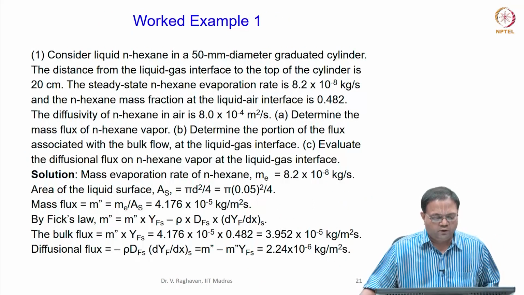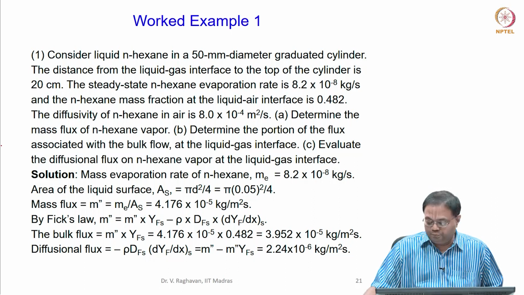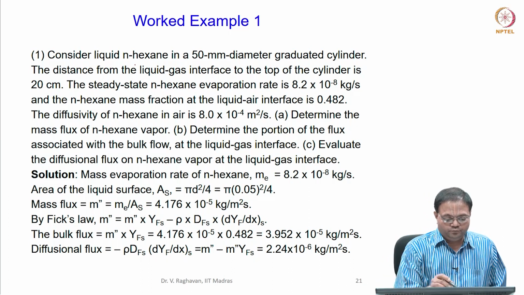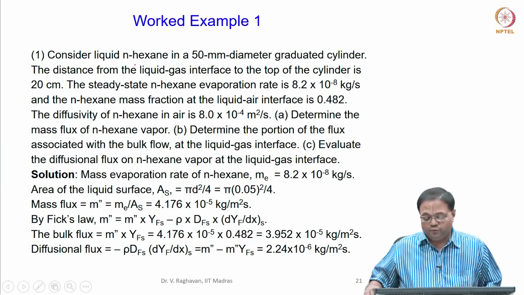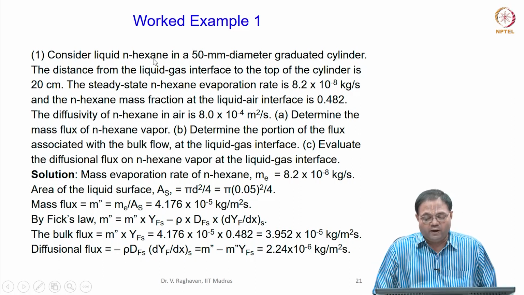So let us see some worked examples for the mass transfer topic. The first example: consider liquid N-hexane in a 50 mm diameter graduated cylinder. The distance from the liquid gas interface to the top of the cylinder is 20 centimeters.